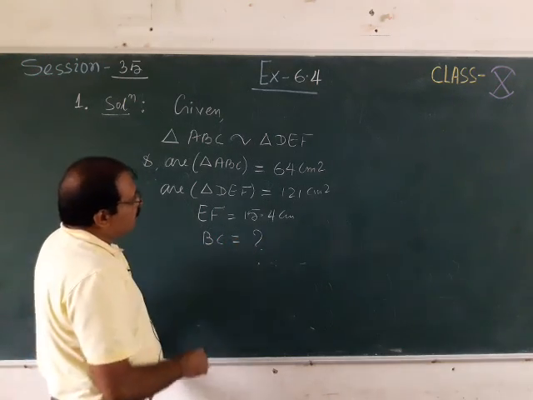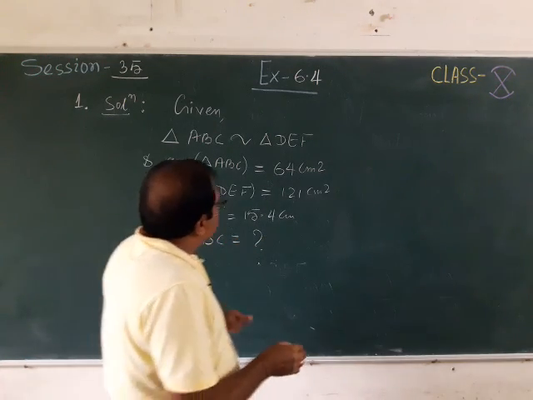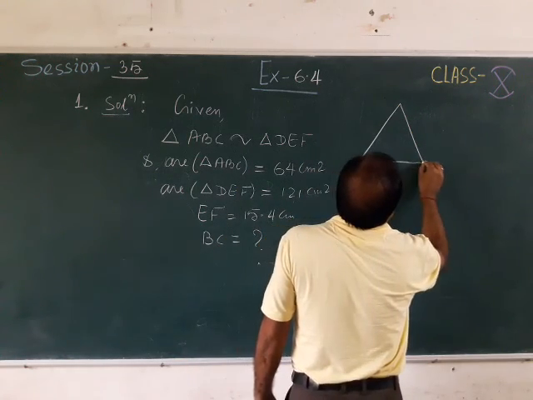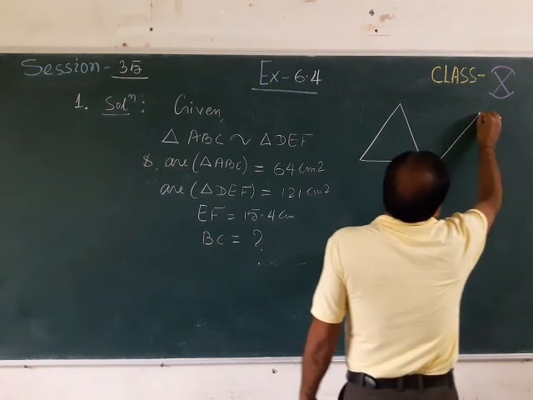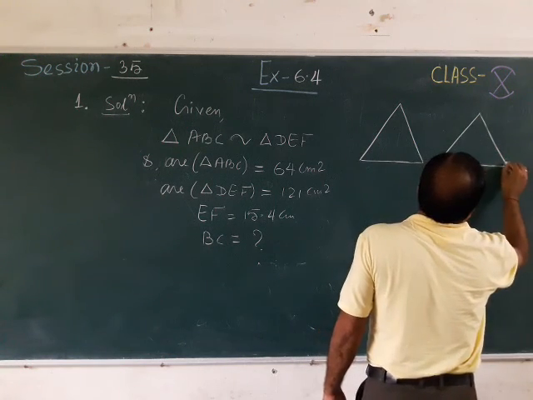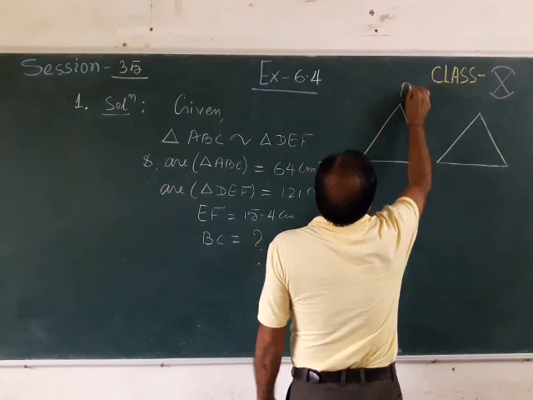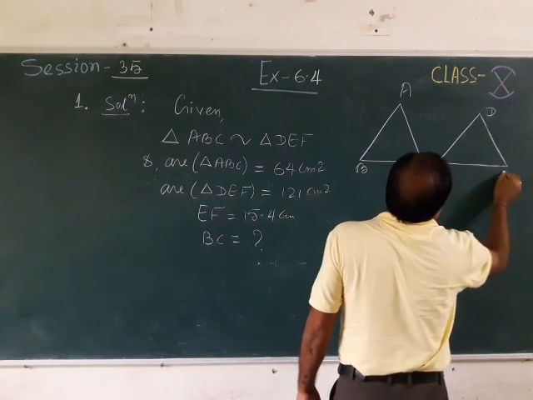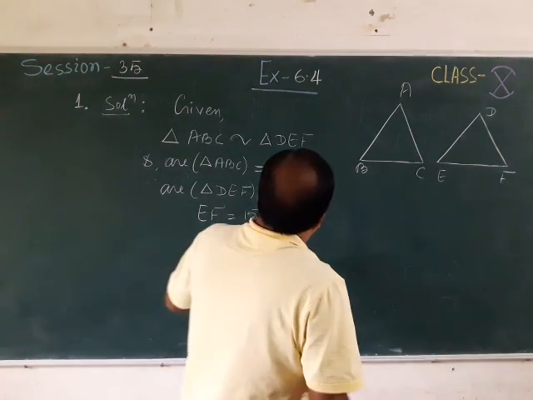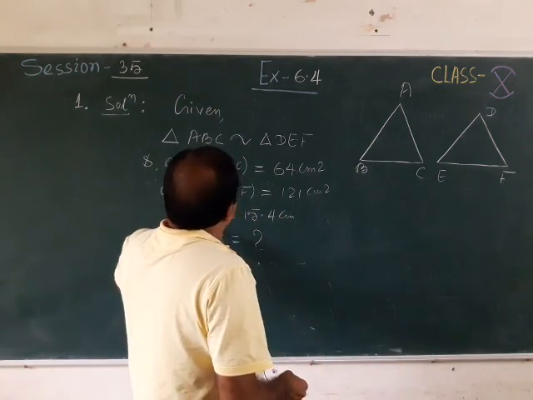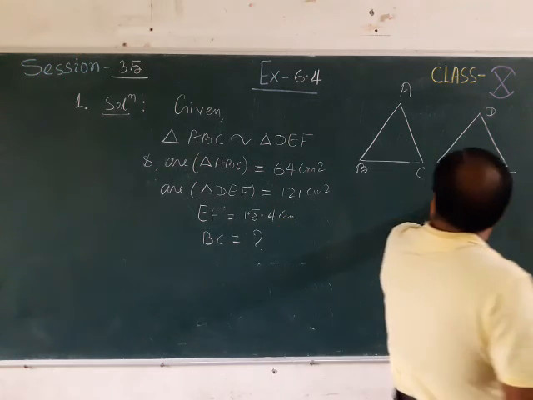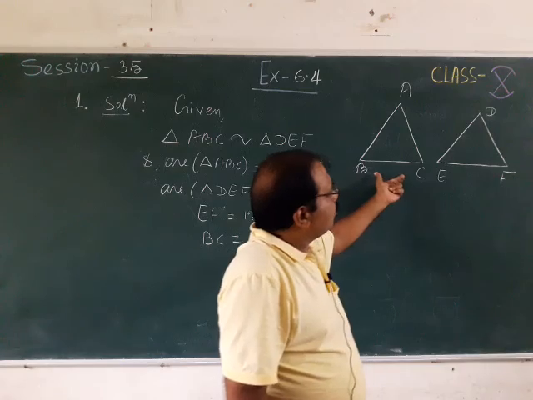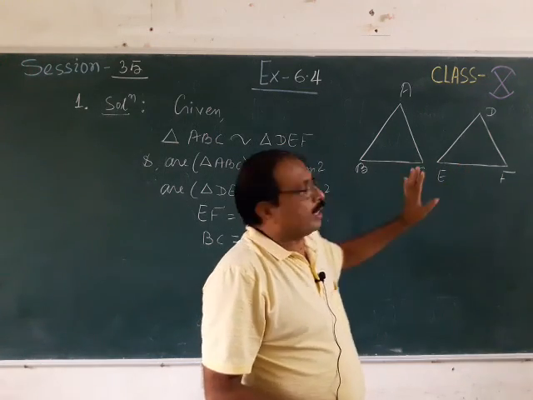BC equal to what? It is better to draw the two triangles there. So just draw a rough sketch of these two triangles ABC and DEF. Now after drawing it, you can easily see that side EF and side BC are corresponding sides of these two triangles.